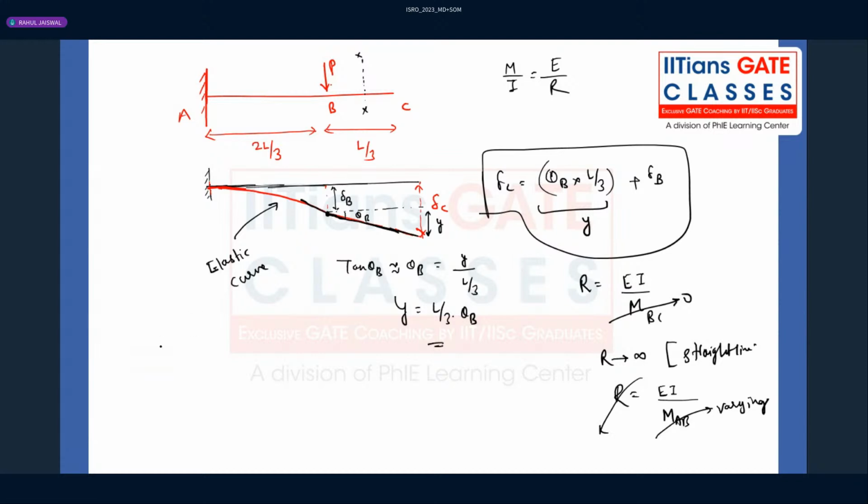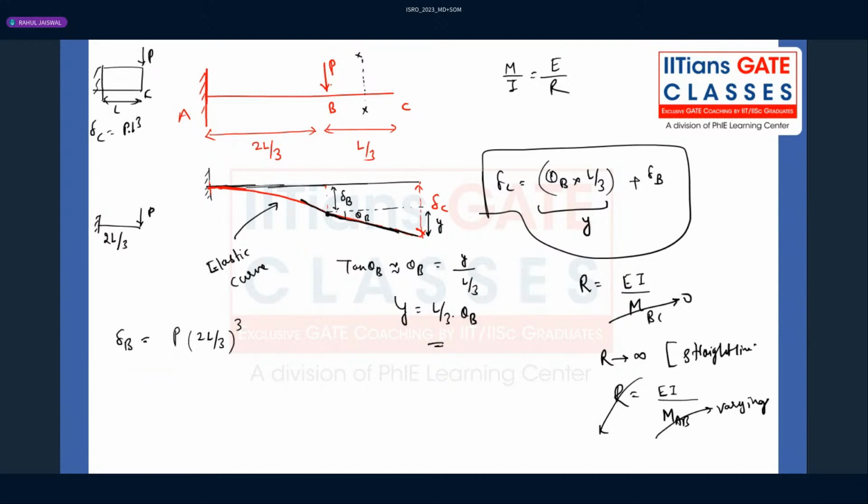So what is the value of delta B and theta B? Those are very standard results. A cantilever subjected to a point load having a length of 2L by 3. A cantilever beam subjected to point load P having a length of L: what is the deflection formula at the free end?